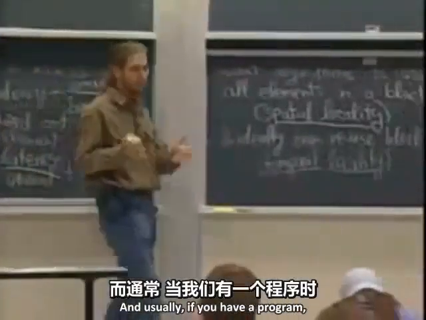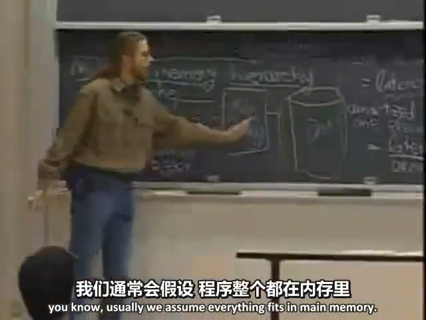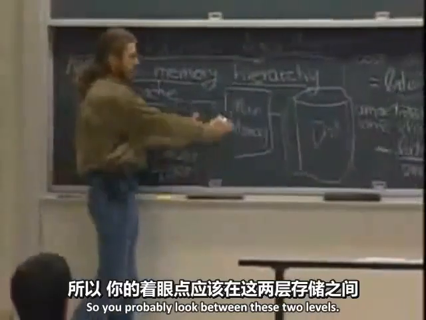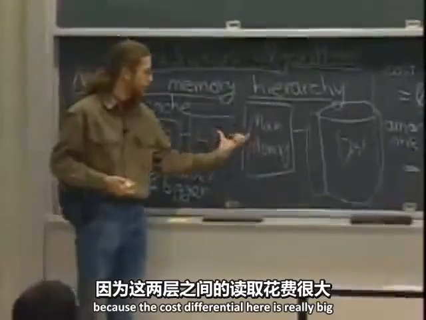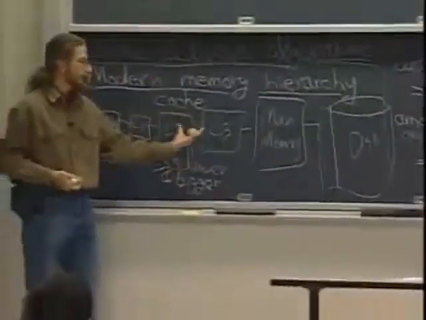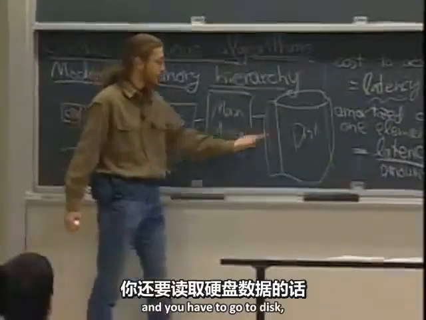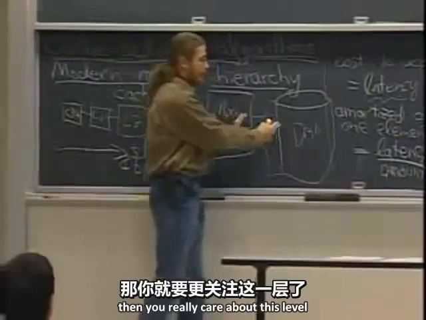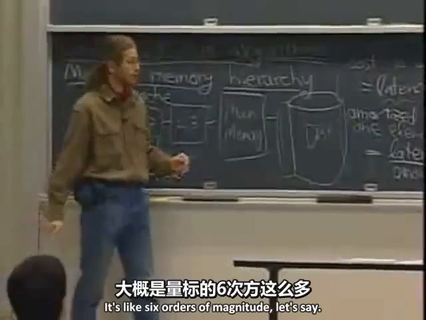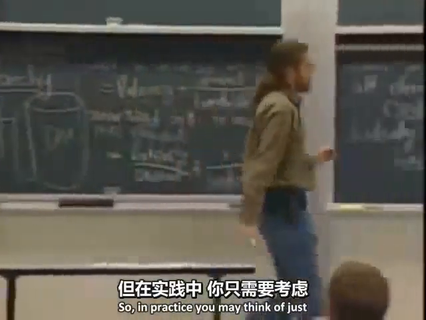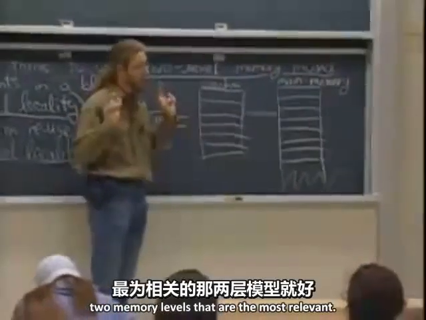Usually we assume everything fits in main memory, then you care about the caching behavior, so you look at between these two levels, because the cost differential here is really big relative to the cost differential there. If your data doesn't even fit in main memory and you have to go to disk, then you really care about that level because the cost differential is huge, like 6 orders of magnitude. So in practice, you may think of just two memory levels that are the most relevant.